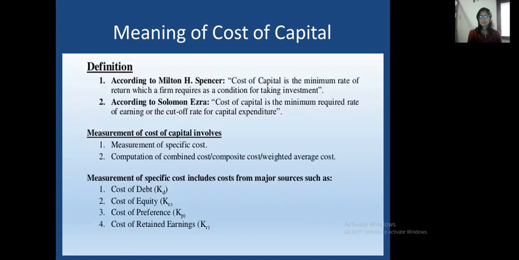Means the different sources of funding have some cost. That's why we are defining it as cost of debt. Because debt, equity, preference, retained earnings, all these are sources of funding. And now here we are going to understand what the costs are which are involved in arranging all these funds.